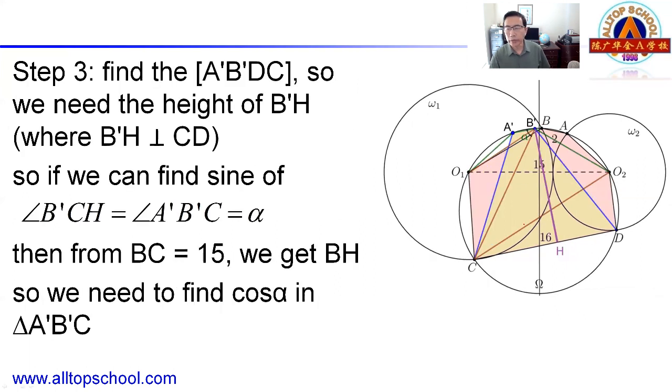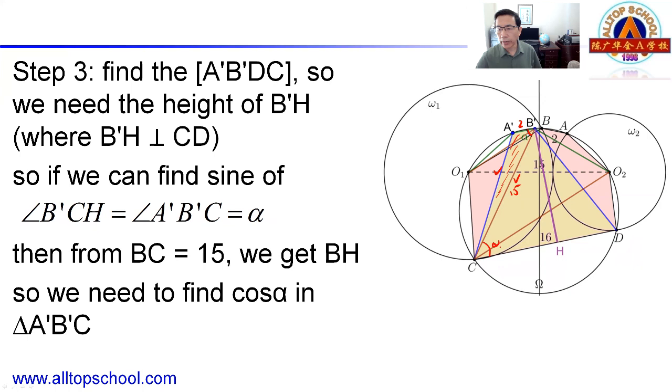In step 3, we already get this value, the diagonal 15. We know this is a 2. And then also from the Ptolemy, we get this one as well. So in this triangle, we can apply the law of cosines to find the cosine of this angle. The reason is that I want to find the base angle in order to find the height of this trapezoid.